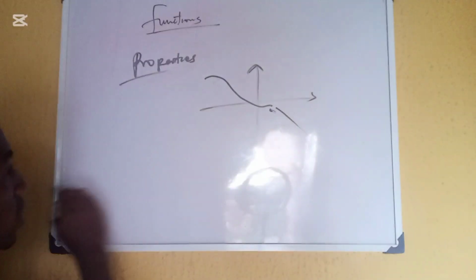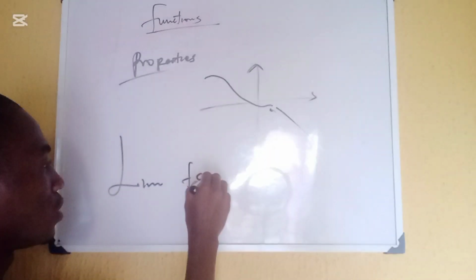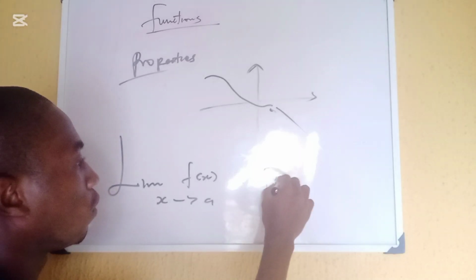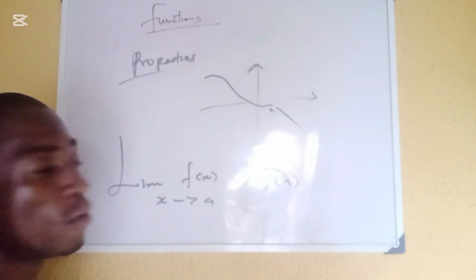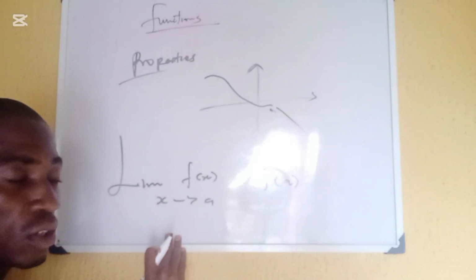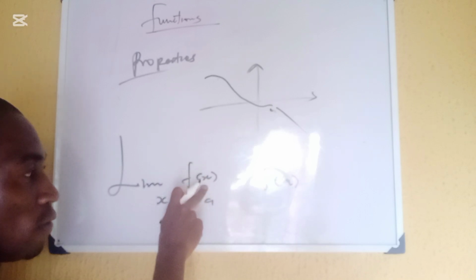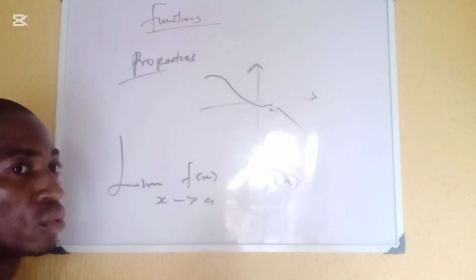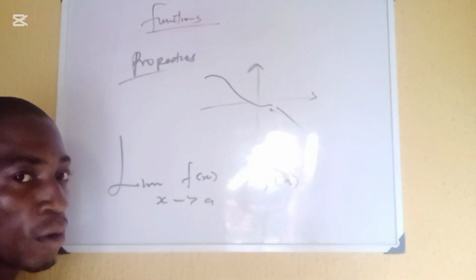Now, to express it mathematically, we have the limit of f of x as x approaches a equal to f of a. When this condition holds for all values of x, the function is said to be continuous. Because x here is a variable, as we begin to assign values to that variable, what happens to the function?